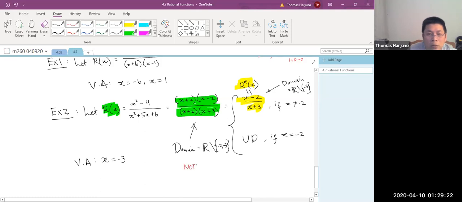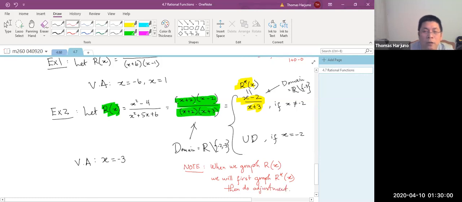A note: when we graph R(x), the rational function, we will first graph R star of x, then do an adjustment.